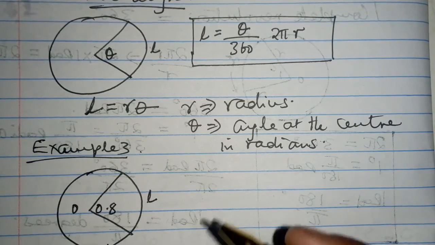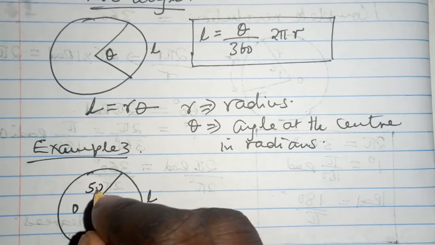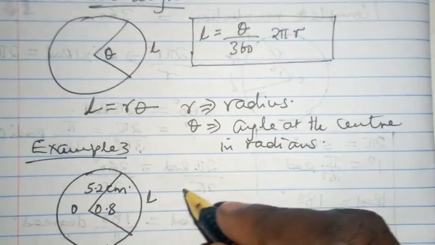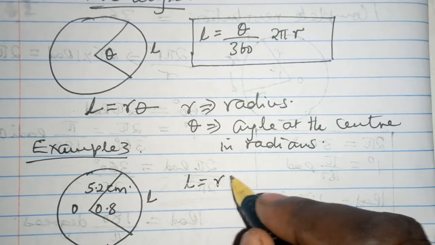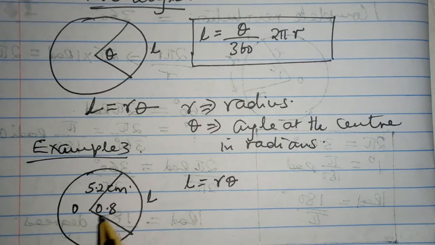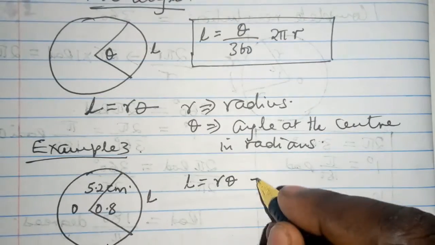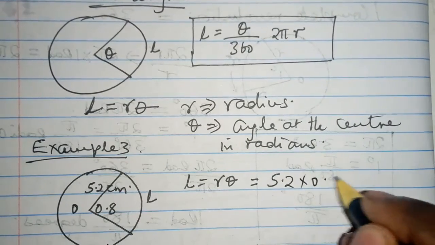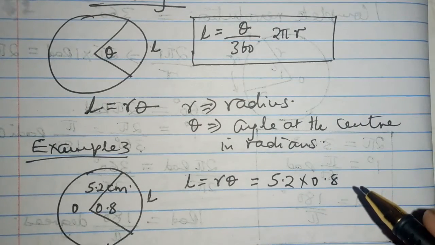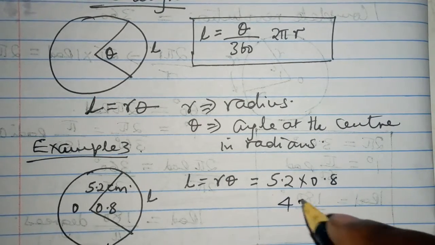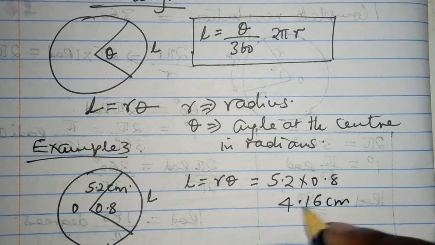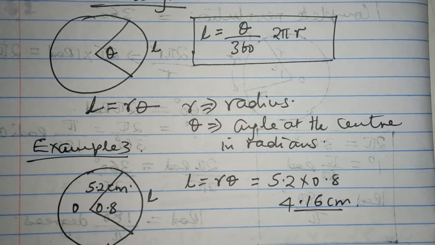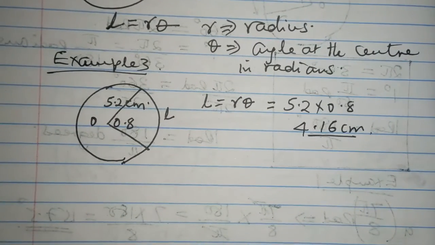According to what we have just understood, L equals r theta, when theta is in radians. So we just have 5.2 times 0.8, which is straight away 4.16 centimeters. And that is it as far as example 3 is concerned.